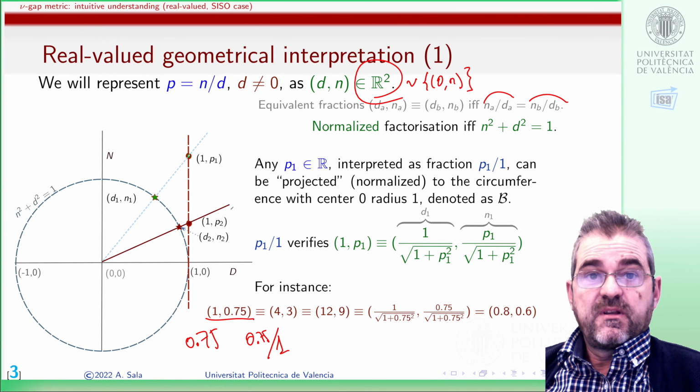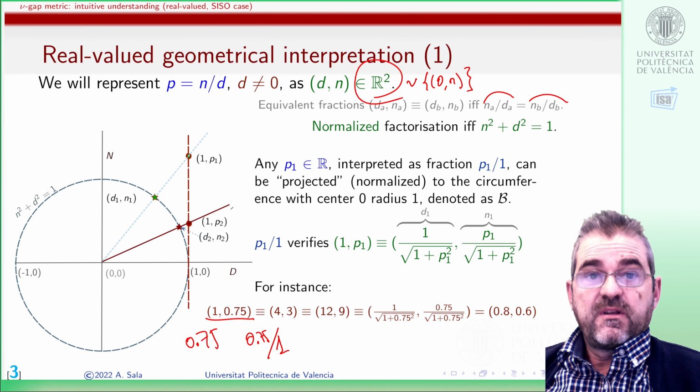If I multiply these two numbers by the same factor q, then I get the line in the plane that we are discussing. But of course, all the points in this line represent, with this kind of equivalence relation, the same real number, 0.75. So the real number is actually the slope, the tangent of this angle, say gamma, of the line.